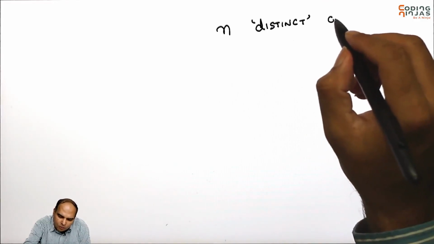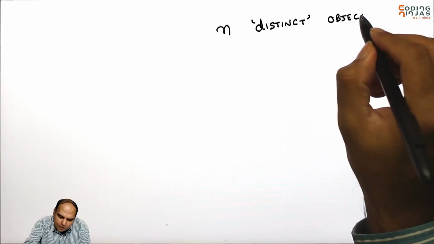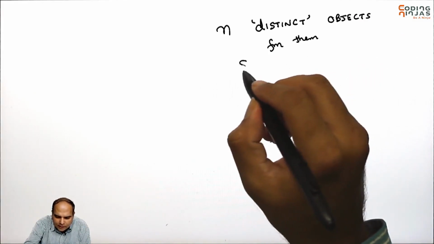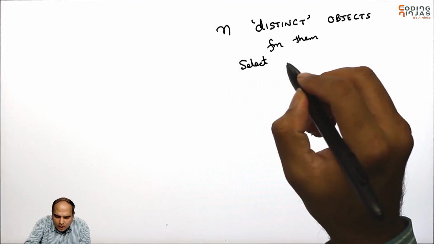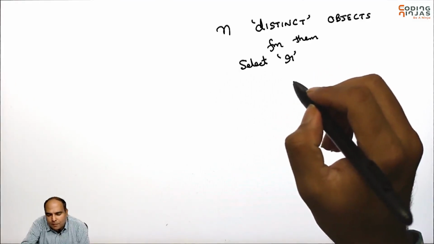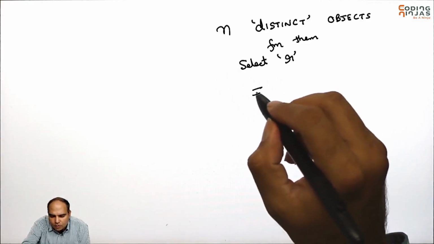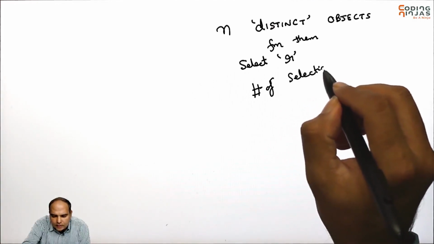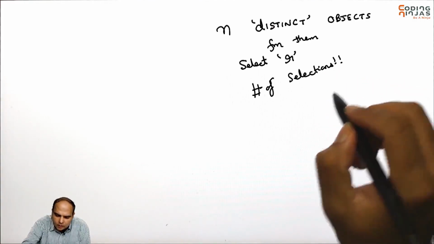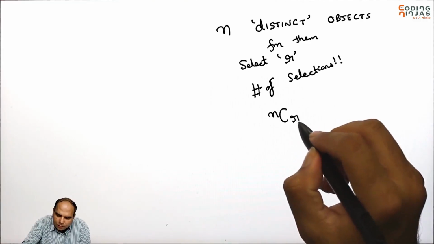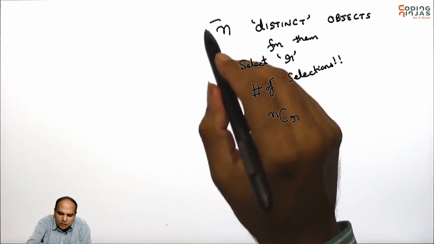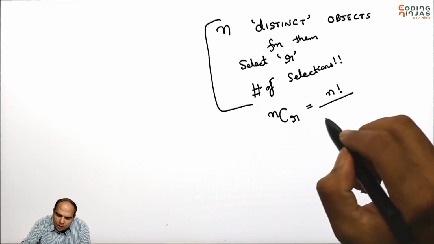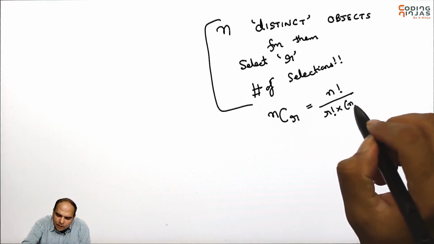So if I have n distinct objects or people, and from them I have to select r objects or people, and I want to count the number of selections in this scenario, then the answer is given by the formula nCr. The formula for nCr is n factorial upon r factorial into n minus r factorial.